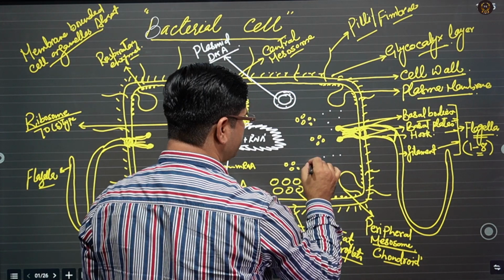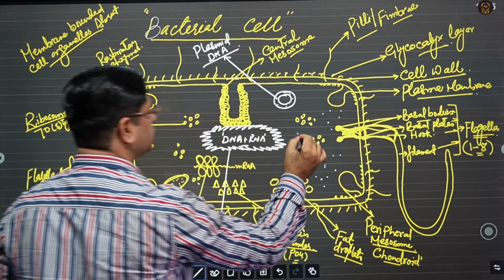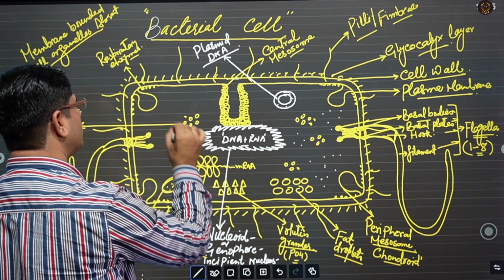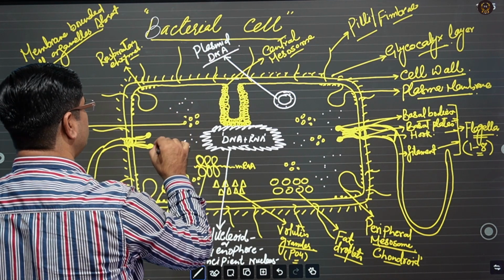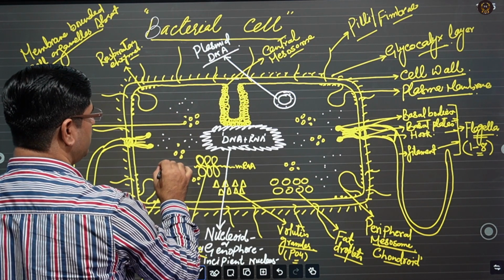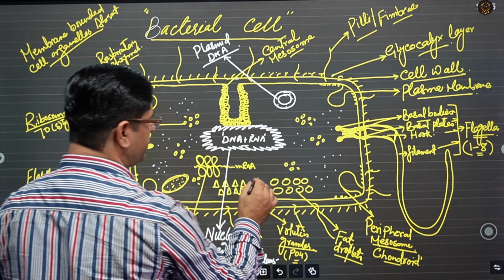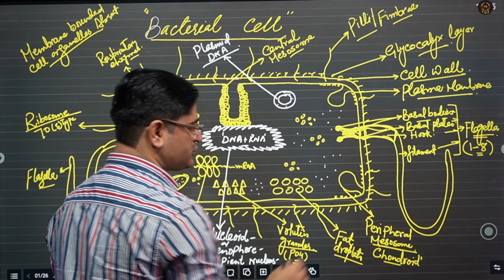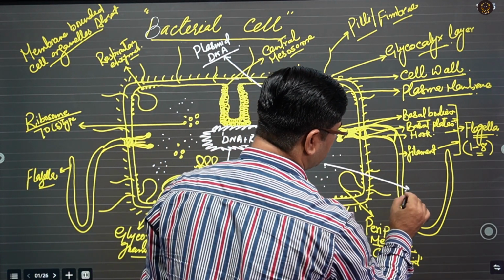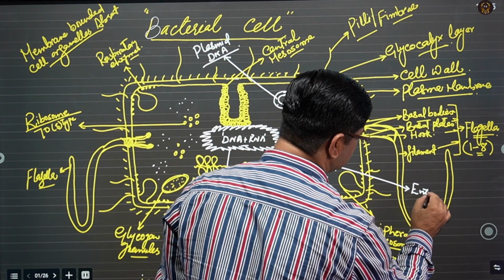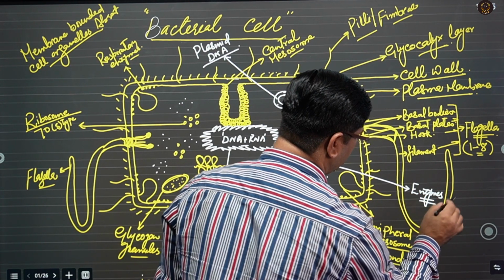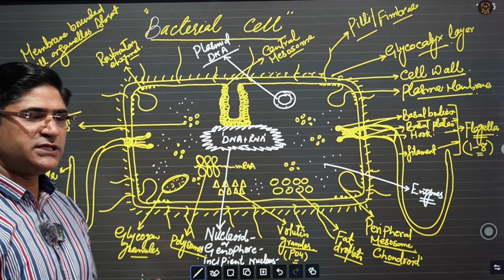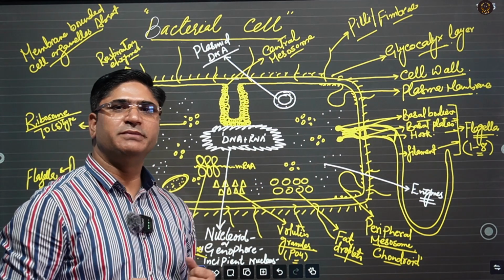Apart from that, inside the cell there may be different types of enzymes which are very helpful to accomplish the metabolic reactions. ठीक है ना? So various enzymes are also present, which help in the metabolic reactions of the bacterial cell.